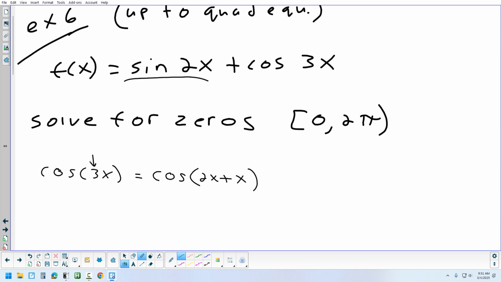The higher that number is, the worse the problem gets. 3 is not bad. If you had something like a 9 or an 11, that starts to get pretty bad. Because what you have to do is keep breaking off 2x's. You can't break off anything more than a 2x at a time. So if you had an 11x inside here, you'd have to write it as 2x plus 9x.